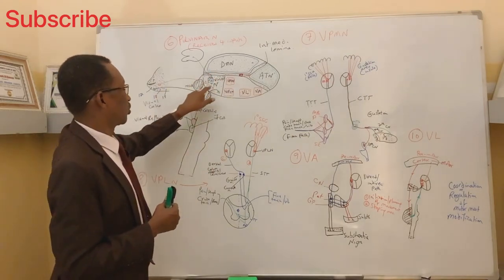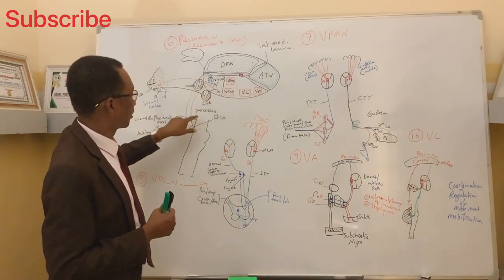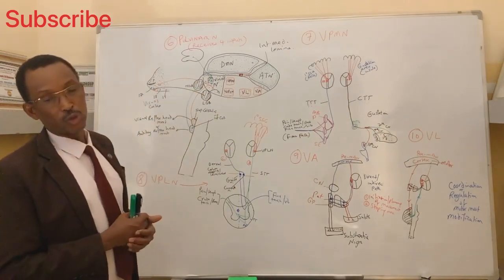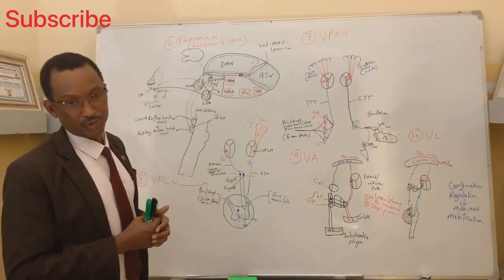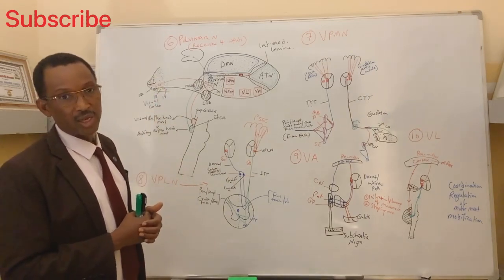Visual information that reaches the Pulvinar from the superior colliculi now goes into the visual cortex, areas 18 and 19, for processing, analysis, and recognition of that visual information.